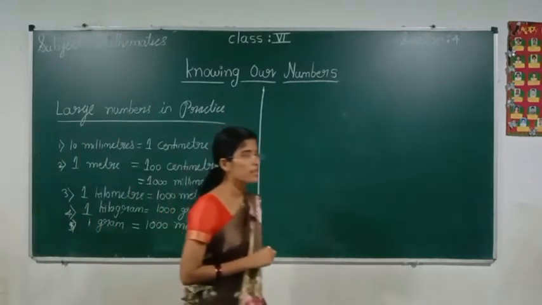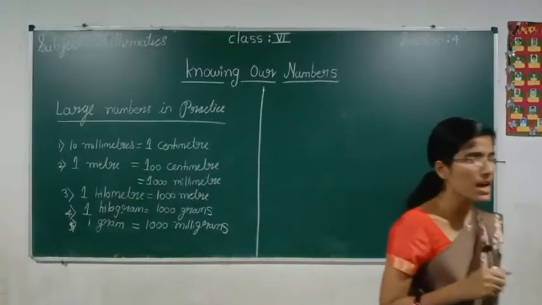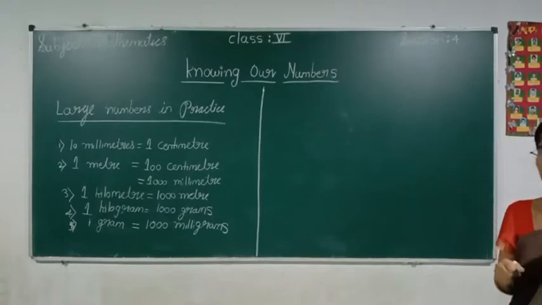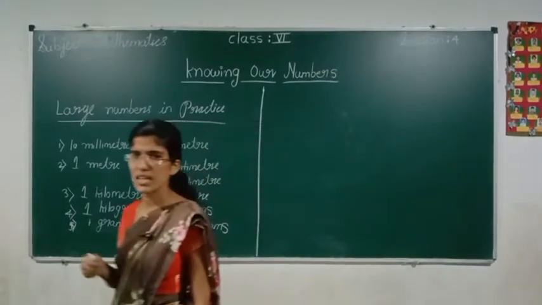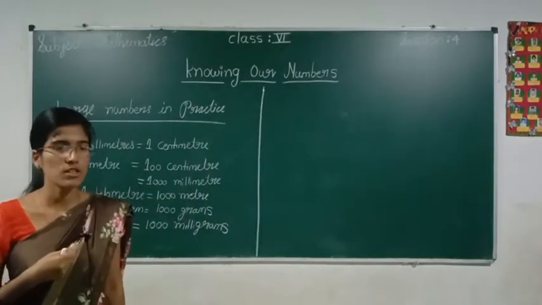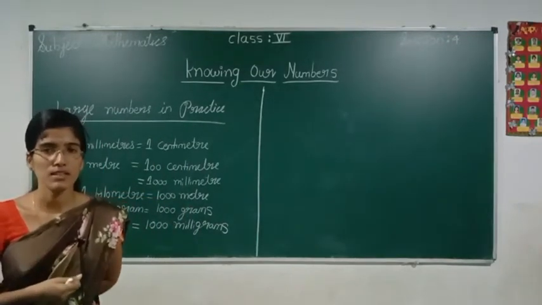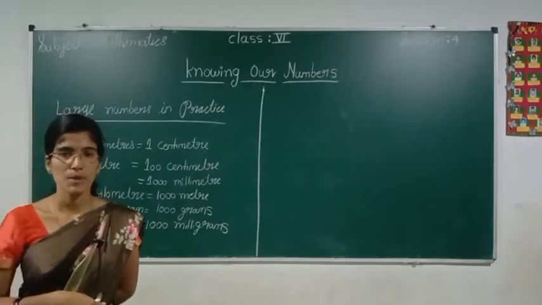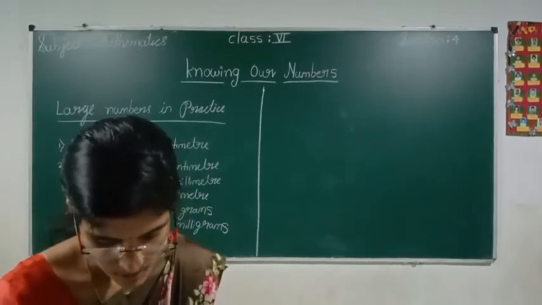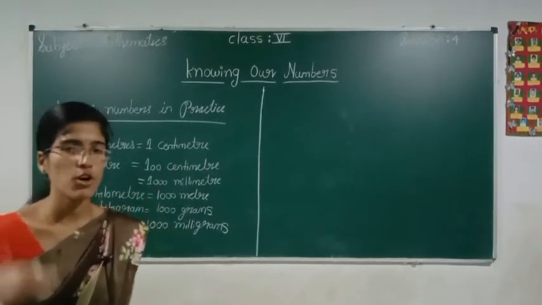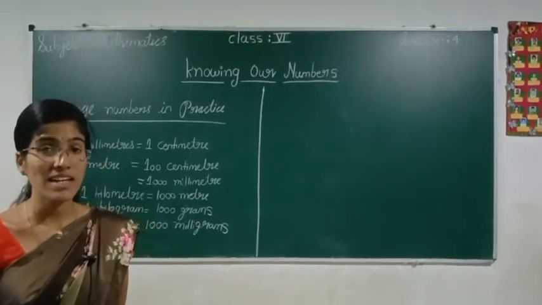Next, now I will ask you, what is the capacity of water held in a bucket? If I ask you, what is the capacity of a bucket for holding water, at that time what will you use?